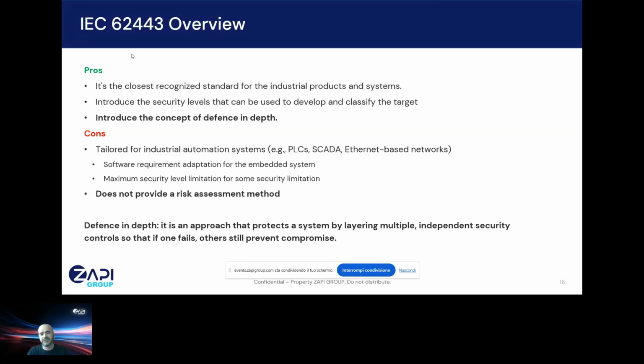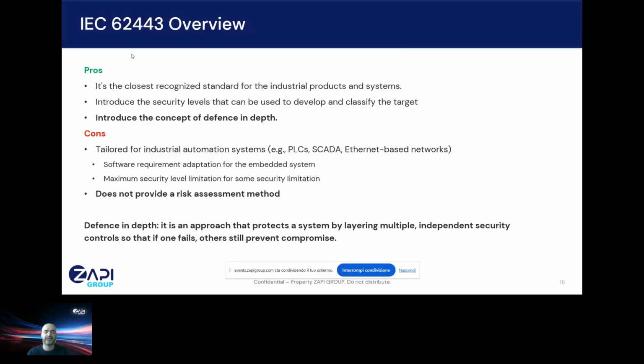And the second disadvantage is that for some cybersecurity requirements, it is impossible to reach the maximum security level, because in some cases it requires specific technologies to be implemented.